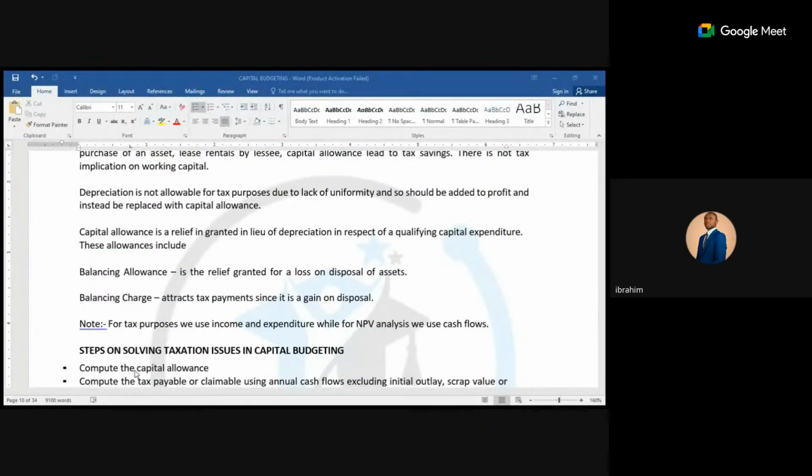When you have balancing allowance, you will still claim capital allowance on it because it is a loss already, where the sales proceed is less than the tax written down value. Now, in a situation whereby you have balancing charge, it is a gain on disposal. Where the sales proceed is higher than the tax written down value, you have a gain, you don't need to claim capital allowance. You have gain. That gain will be subject to what? To tax.